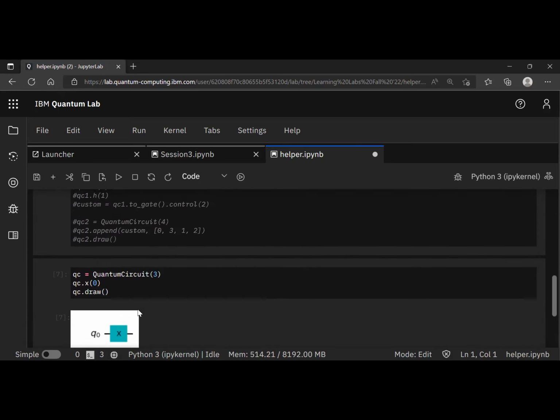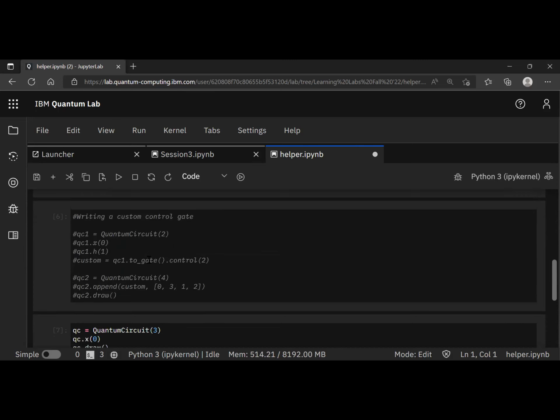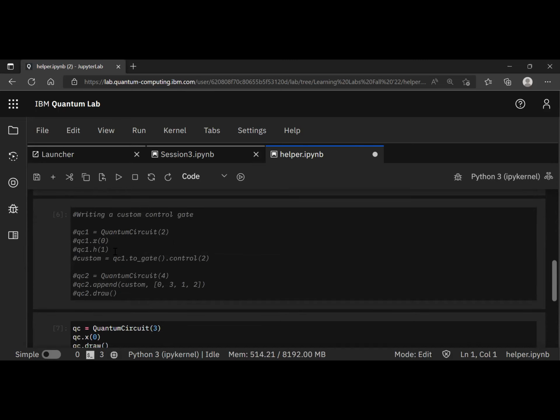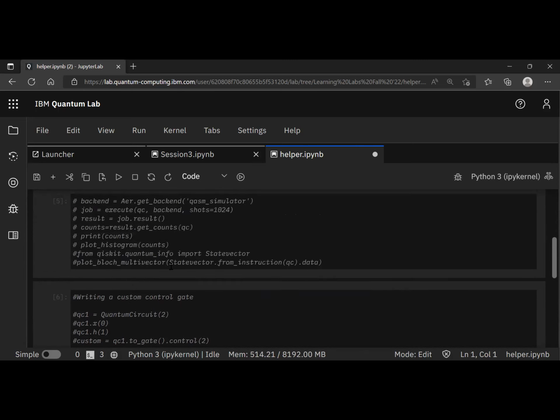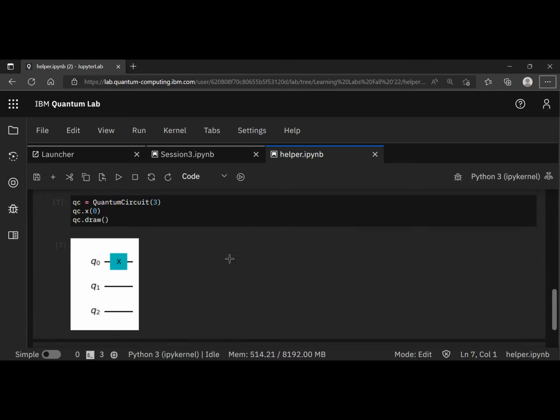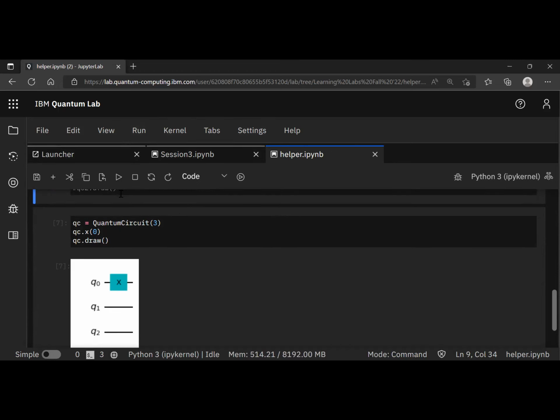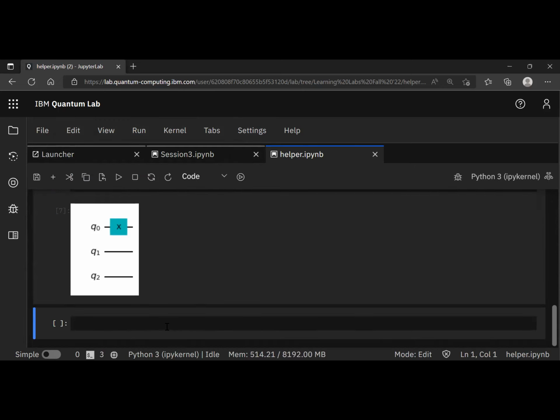Okay. And if we want to visualize the state that the qubit is in as something called the state vector, which is an arrow in 3 dimensions, we can get these 2 things.